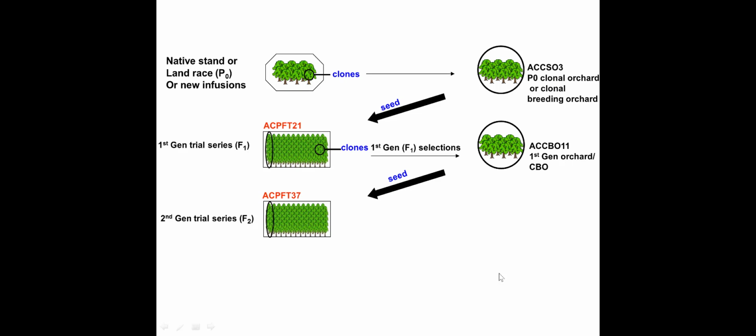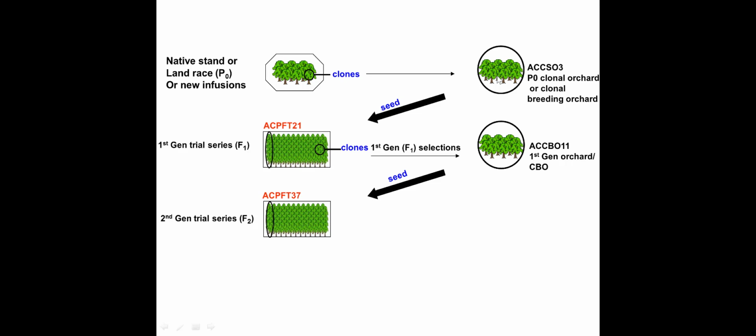Good day. This is the first of two videos which presents the flow of data as it is uploaded into TreePlasm, starting with new infusion material and the information about it. This material is uploaded as clones which are put into a clonal breeding orchard.